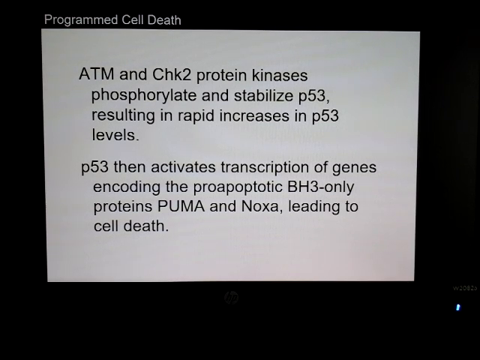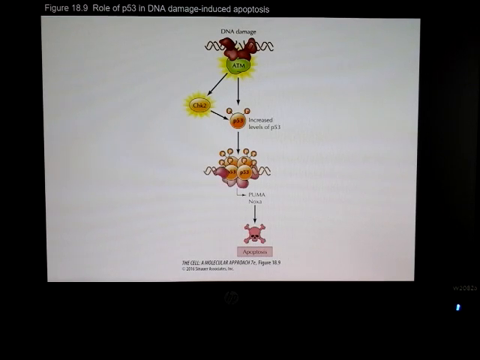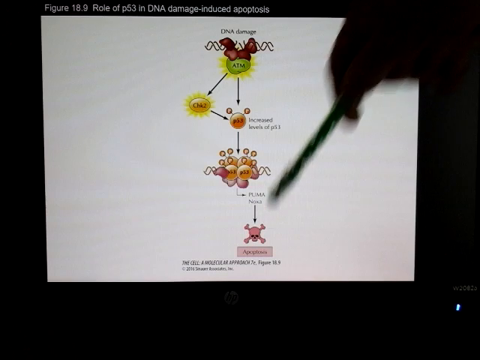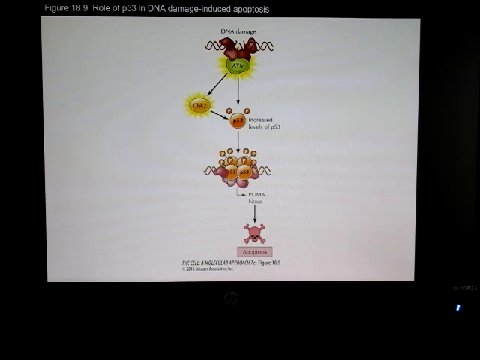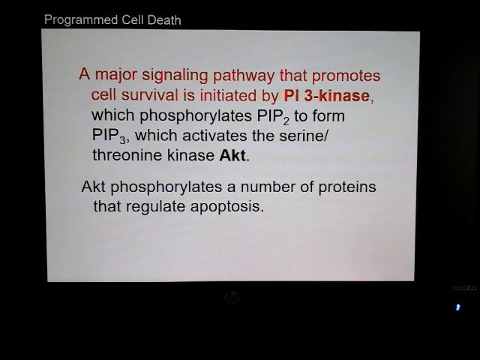So again, when you've got p53 there, you're going to arrest the cells, induce apoptosis so that the damaged cells will not continue to divide. So here's your ATM, and you go through Chk, that's phosphorylated. It's a kinase, phosphorylates p53. You get more p53. Ultimately, apoptosis is going to ensue.